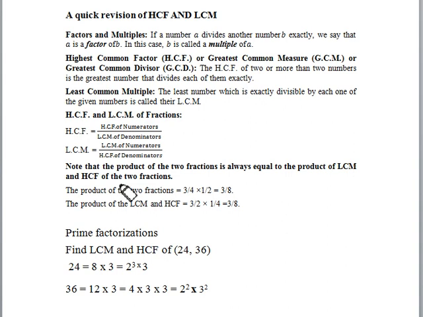One more important thing to remember is that the product of two fractions is equal to the product of their LCM and HCF. For example, 3 by 4 into 1 by 2 is 3 by 8. Their LCM is 3 by 2 and their HCF is 1 by 4, and these are equal. So the product of two numbers is equal to the product of their LCM and HCF.